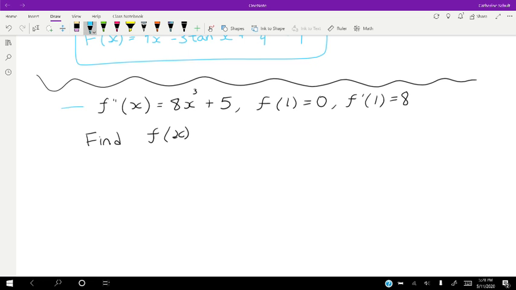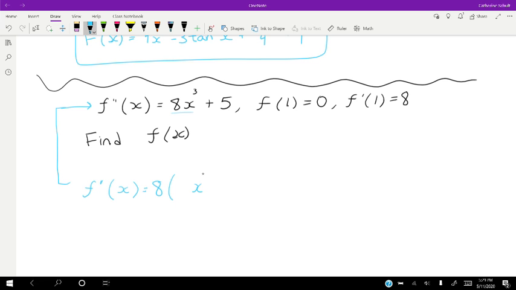So if f double prime is this, that gives us enough information to go one level up. So we used to call it capital F, but if it's the double derivative, we can just go up to the single derivative. Okay, so we have to think what function has this derivative, 8x cubed? Well, you might be able to do some of this in your head, depending on how much mental math you do.